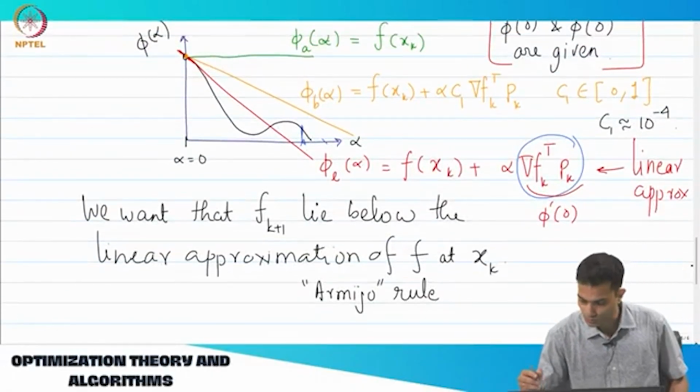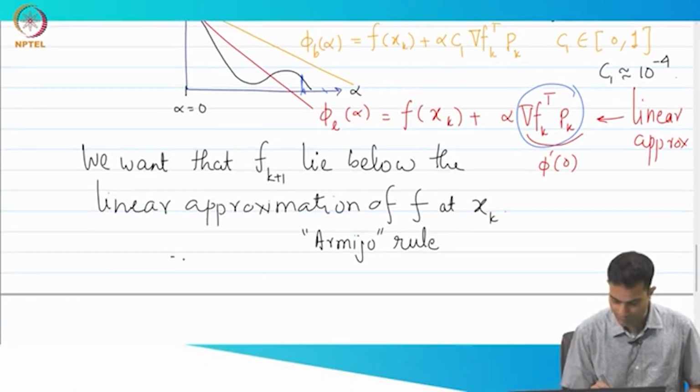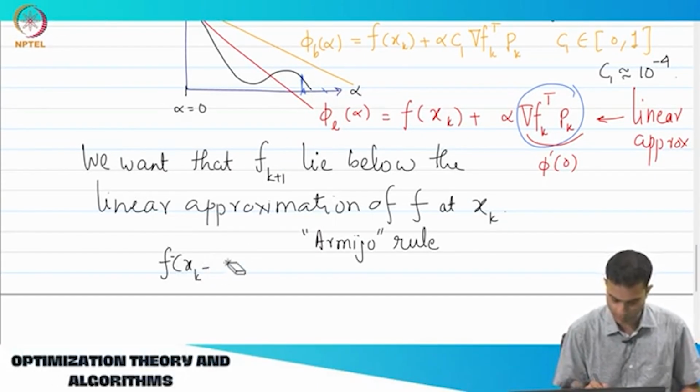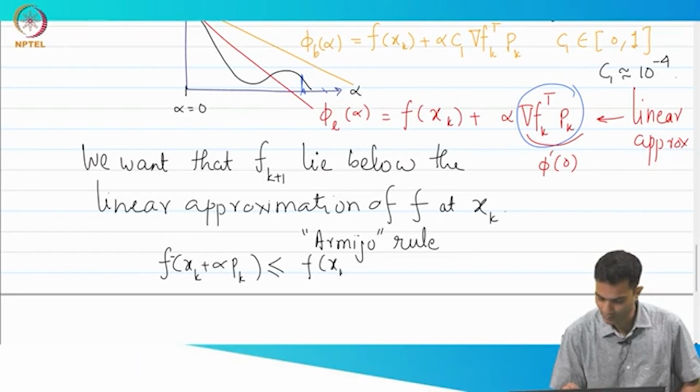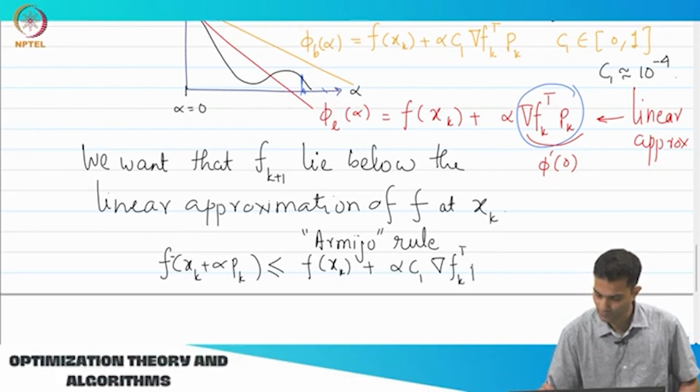So the Armijo rule simply is that f of xk plus 1, or let me write it even more explicitly, f of xk plus alpha pk is less than or equal to f of xk plus alpha c1 grad of this expression.